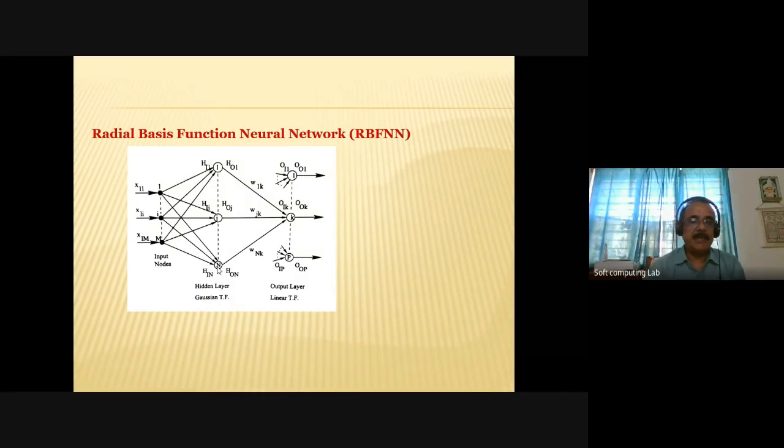Here in a radial basis function network, in place of an input layer, we pass all the inputs through this input node, directly, dimension-wise. Supposing that I have capital M number of inputs of a process and capital P number of outputs of that process, I'm going to carry out the input-output modeling.